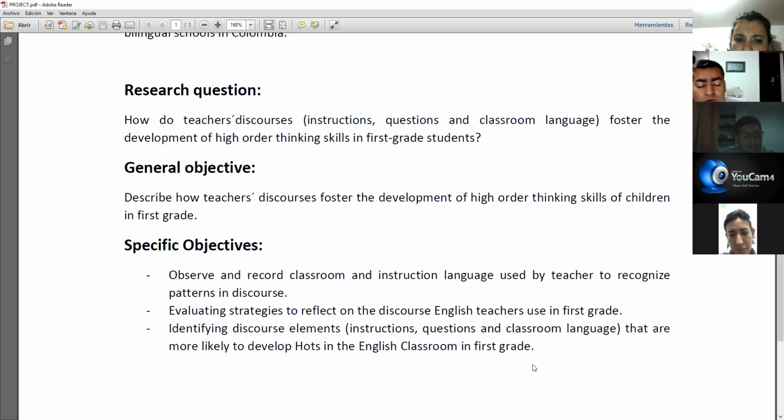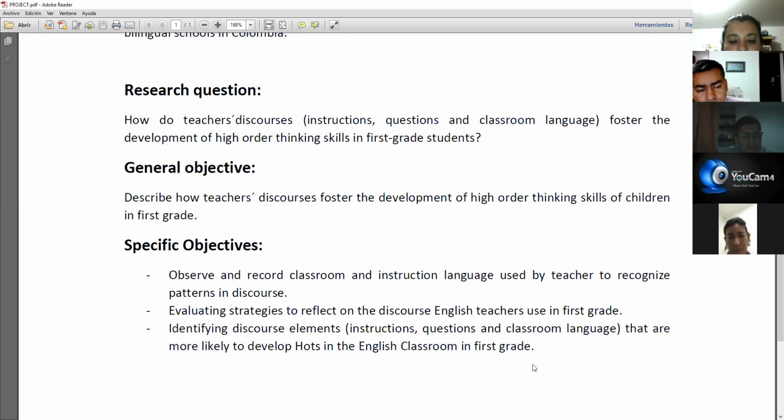We want to use certain strategies so that we are able to reflect on the discourse, for us to be able to analyze. So we not only want to observe, but observation strategies, transcripts, all of the tools that we can use.